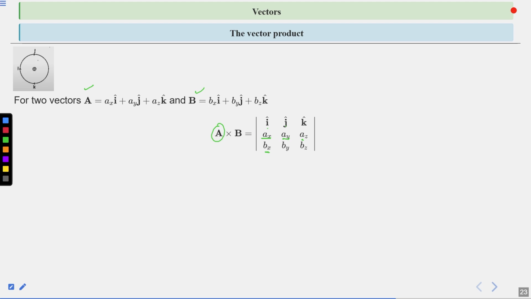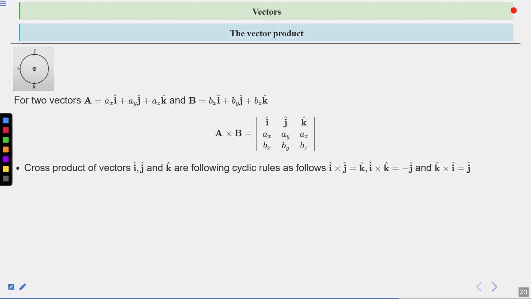Now to solve this cross product, first take I cap common outside and neglect this column and multiply AY and BZ. So you will get AX, AY and BZ minus BY and AZ. Yes or no?